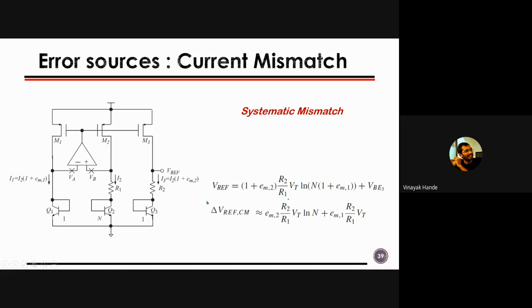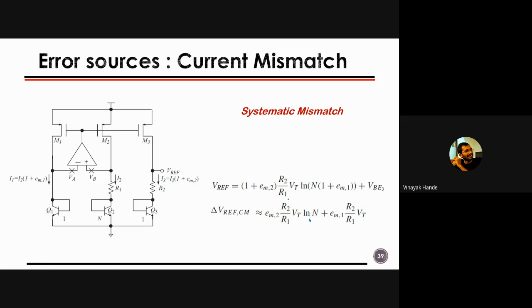On this, delta VREF due to current mode mismatch is dominated by the first term, that is the EM2 term, right? The EM1 term is also there, but it has less dominance because it is not getting multiplied by the factor of ln n, right?